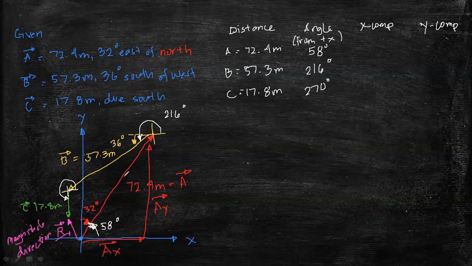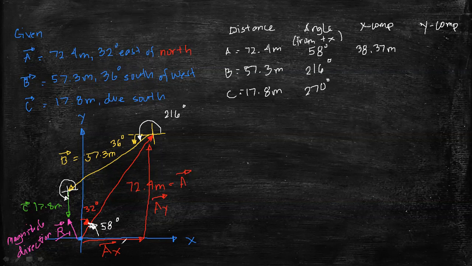So with this right triangle, we will use the cosine function. Therefore, AX is equal to 72.4 times cosine 58 degrees, which will give us the value 38.37 meter.